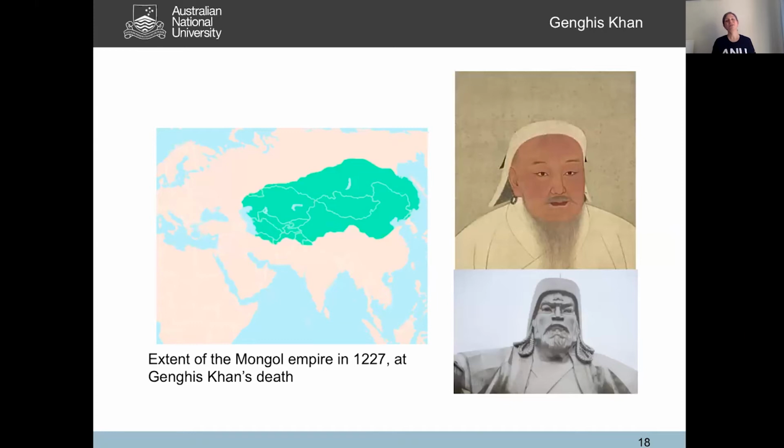So I'm just going to give you a quick introduction to some work that we've collaborated on very recently about Genghis Khan. I chose this example because I thought most people, even if you come from more of an earth sciences interest, are probably going to have heard of Genghis Khan.